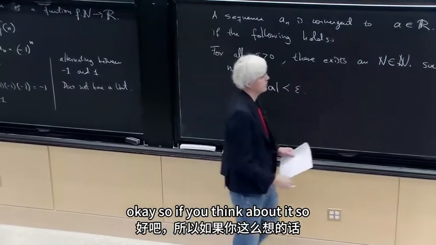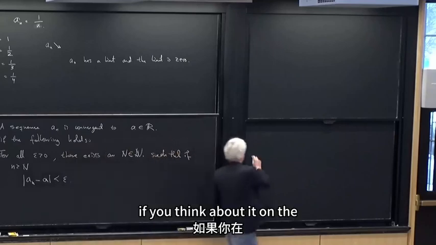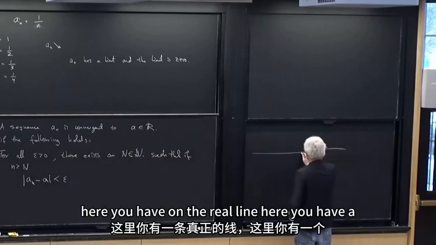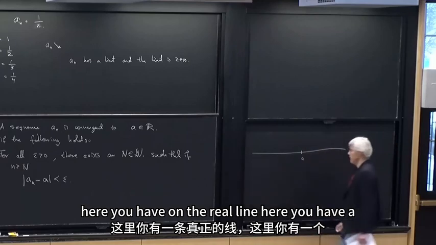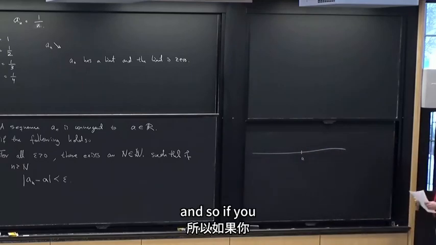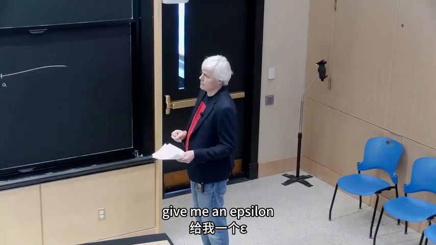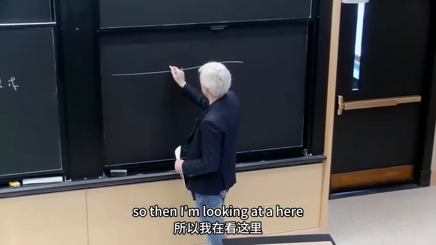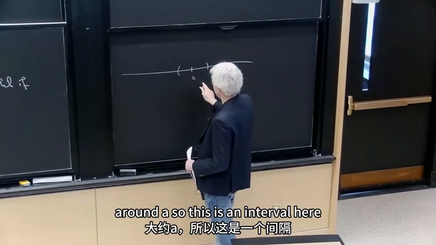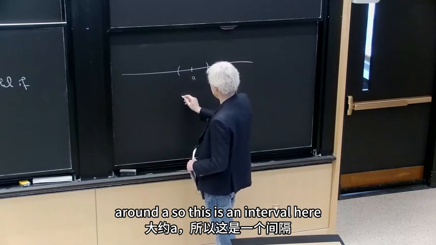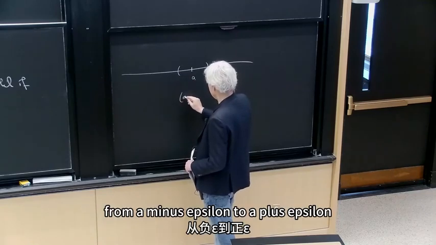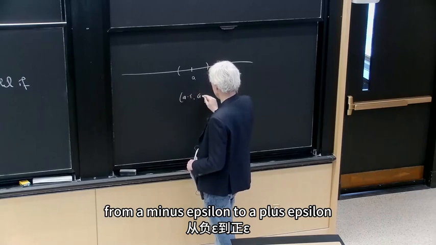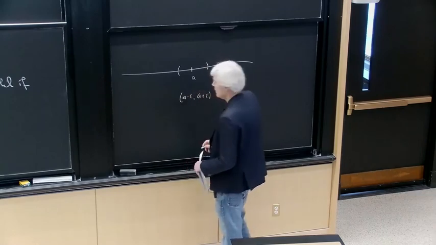Okay, so if you think about it, here you have a on the real line. If you give me an epsilon, then I'm looking at an interval around a, from a minus epsilon to a plus epsilon.